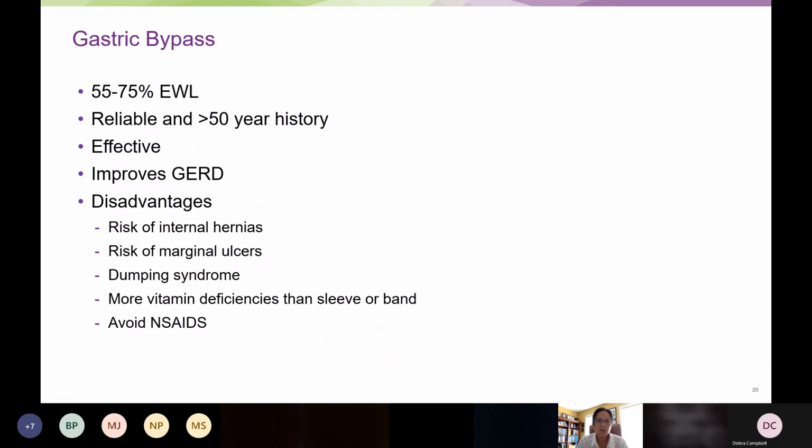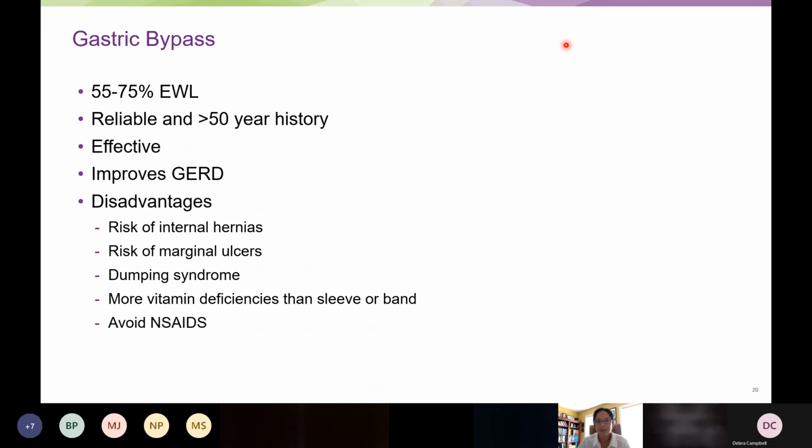Dumping syndrome can happen with any of the malabsorptive surgeries. If patients take any sugar, if sugar's in the first 3 ingredients, they could have dumping syndrome, which basically presents itself as diarrhea, diaphoresis, cramps. Sometimes patients feel like they want to pass out.